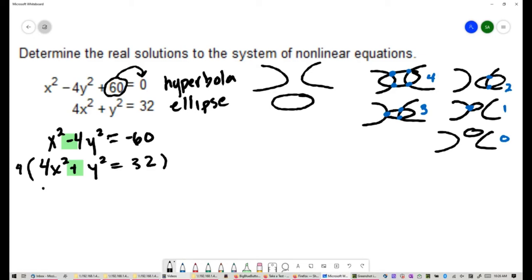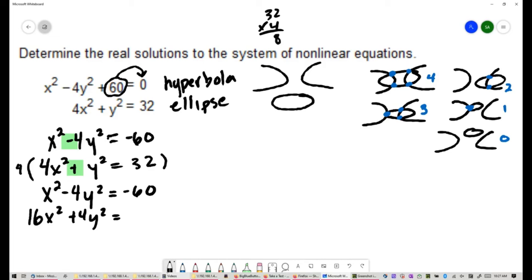Our first equation remains the same, and our second equation becomes 16x squared plus 4y squared equals, and let's see, 32 times 4 would be 128.